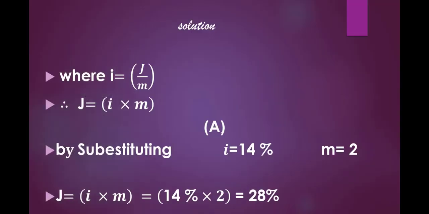Solution. Where I equals J over M, so J will be equal to I times M. For A, by substituting I equal to 14% and M equal to 2 periods, J will be equal to 14% times 2, which is equal to 28%.